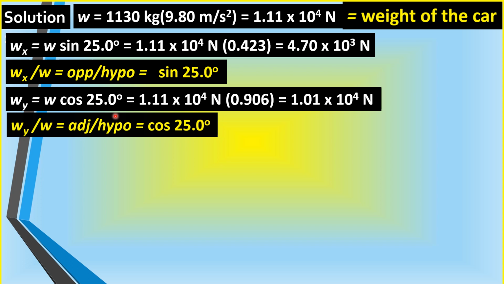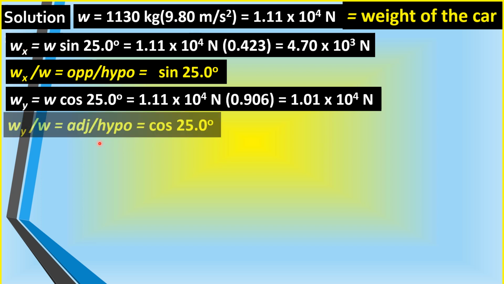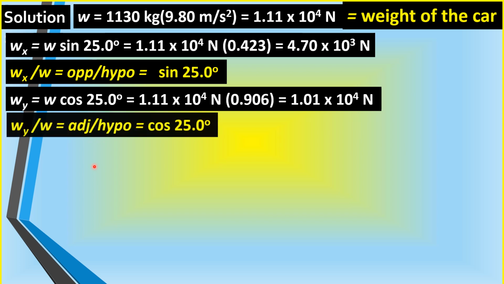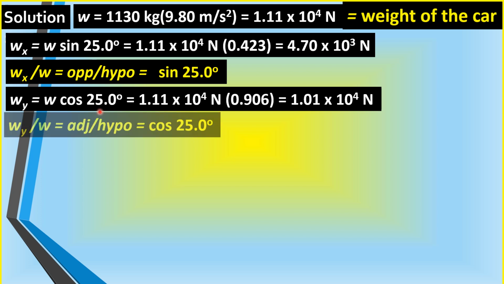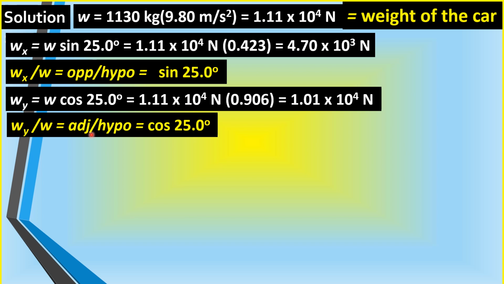But just like in the case of Wx, it was also explained earlier that in that particular diagram, Wy happens to be the adjacent side of the imaginary triangle, adjacent to the 25 degree angle. So when you divide Wy over W, you are in fact dividing the adjacent side over the hypotenuse.